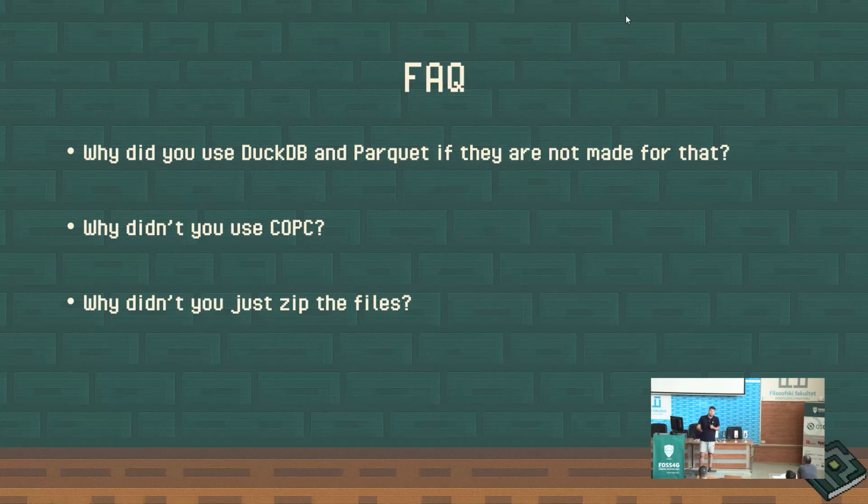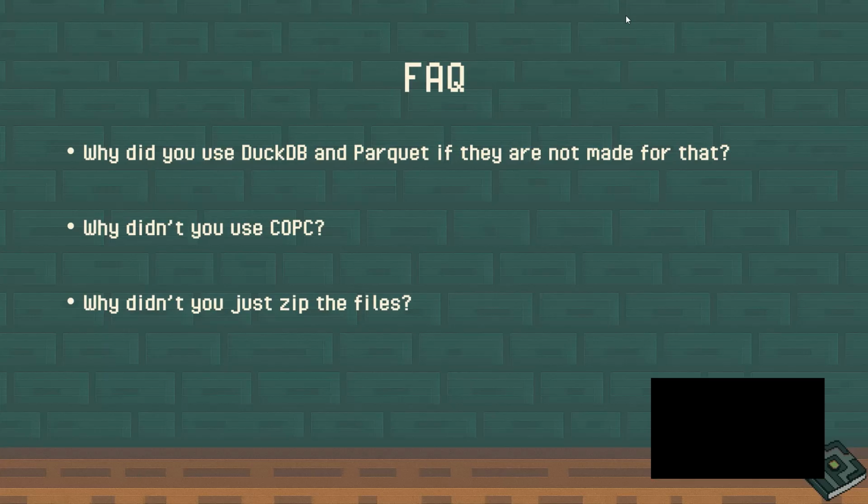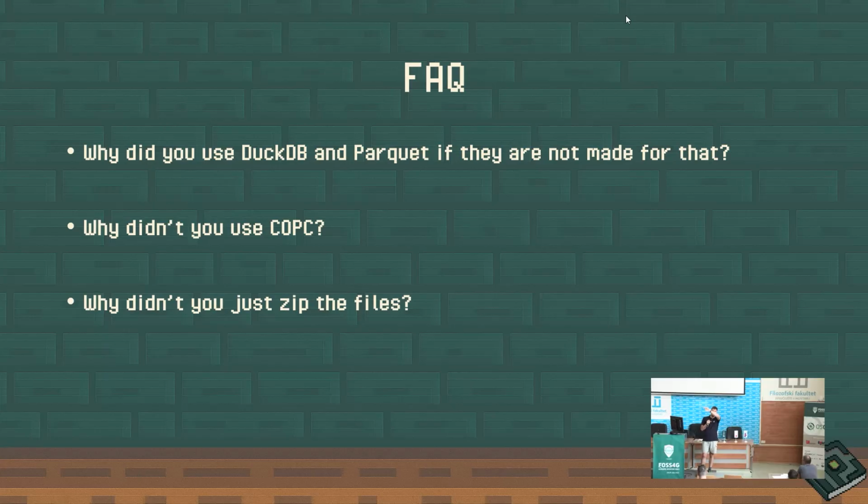Why didn't we just zip the files and then copy them to the backup server and then we're done? Because, as I mentioned before, we needed to track changes and do the versioning because through the time we got changes on the point cloud, but not the whole point cloud, but little bits and pieces scattered around the territory of Croatia.